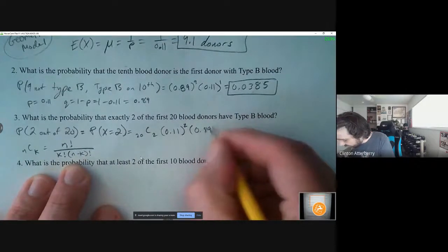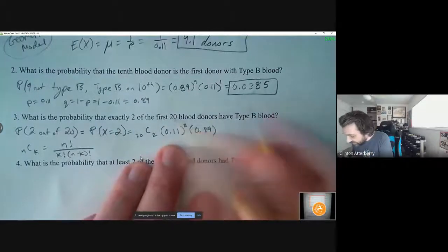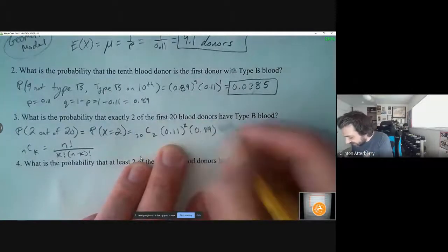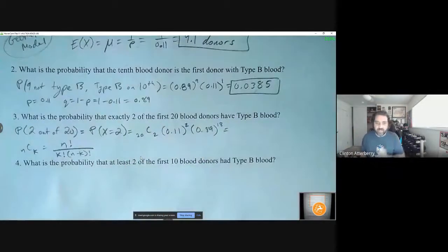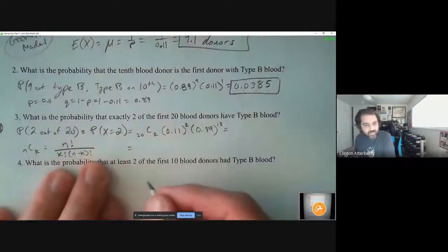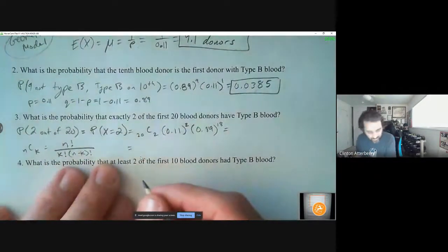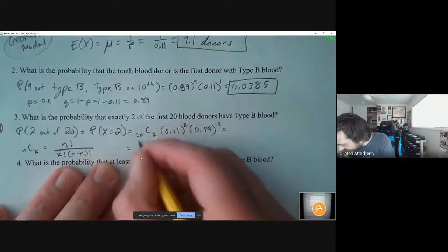And now, since there are 2 successes out of 20, exactly 2, that means there's exactly 18 failures out of 20. Okay. Now, you might see this written a different way, so I'm going to show you guys a different way to write this. Some books, some materials will write it like this. Instead of saying 20C2, they'll say 20 and then 2, like this.